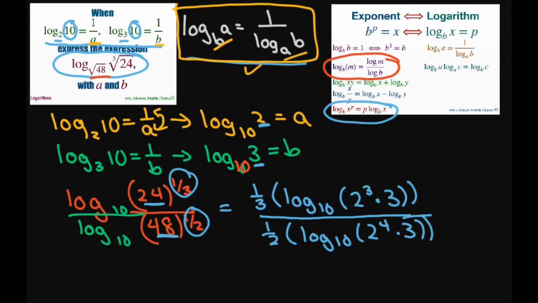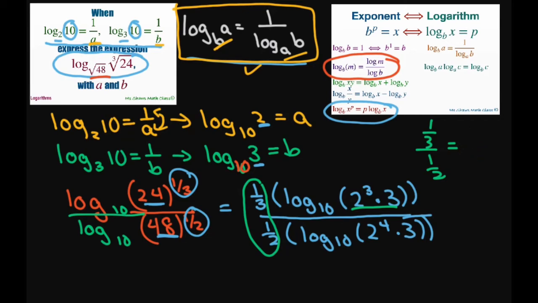Now, I'm going to expand this because we have a multiplication thing here. If we have 1/3 divided by 1/2, when you divide that out, it is 2 divided by 3, sorry.